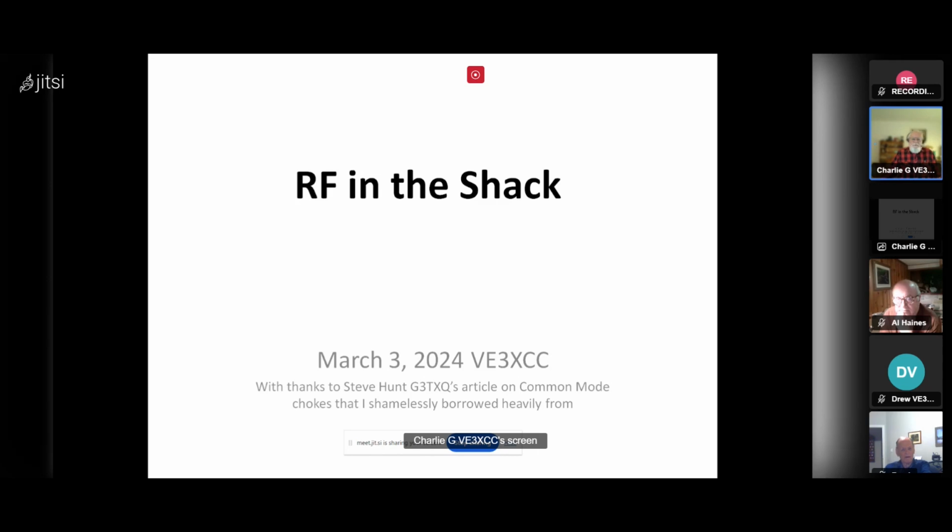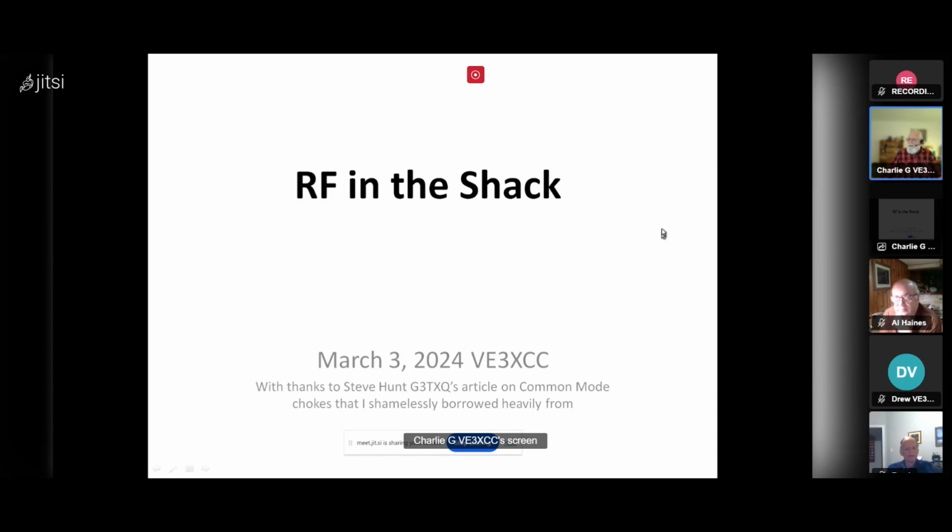So a good chunk of the discussion this evening is pretty 101-ish, maybe a little bit simplistic for most of the folks on the call, but we'll see how things go. In the beginning, I wanted to talk about RF in the shack. This is another one of the many rabbit holes that we can end up going down.